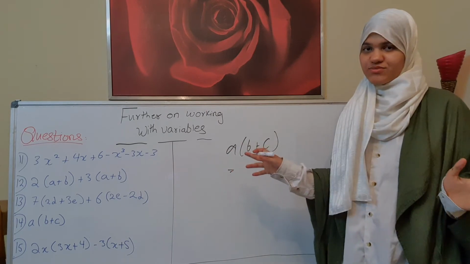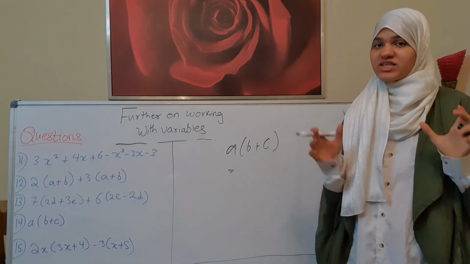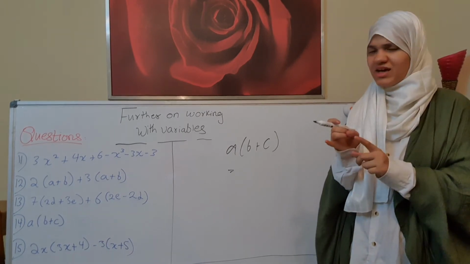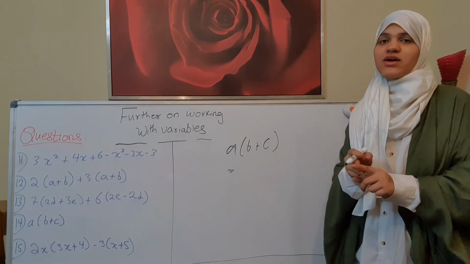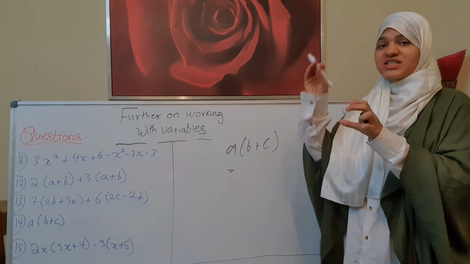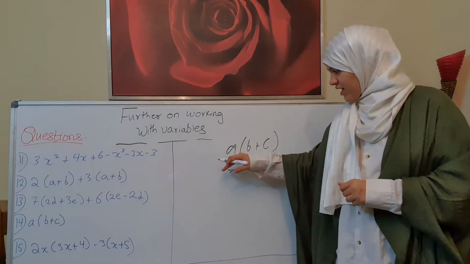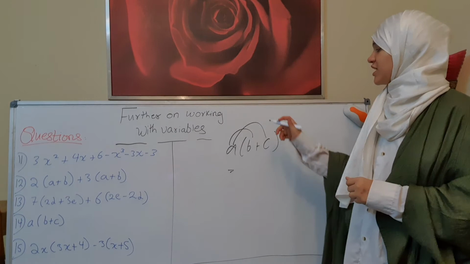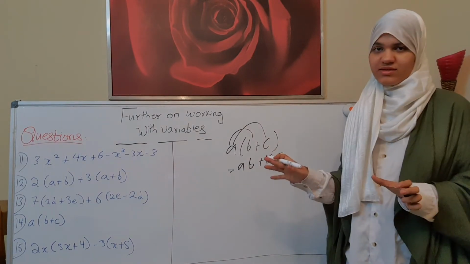As we know, anything which is outside the bracket, whether it is a sign, a variable or a number, will multiply the terms inside the bracket. Here, a times b and a times c. That means ab plus ac.